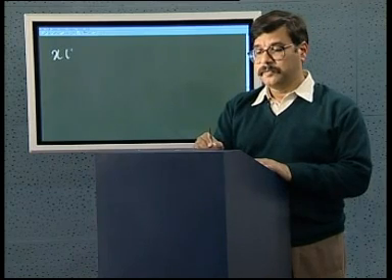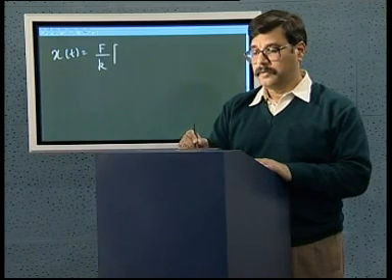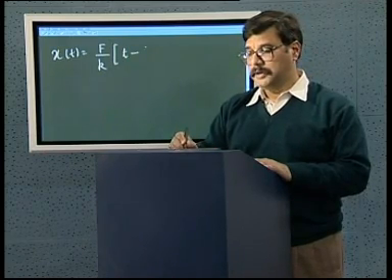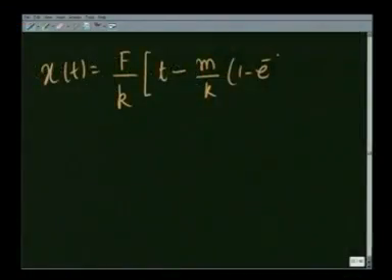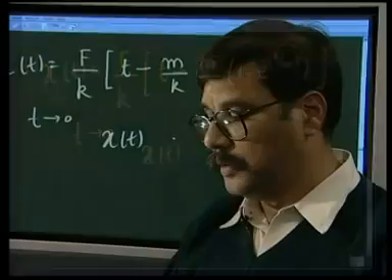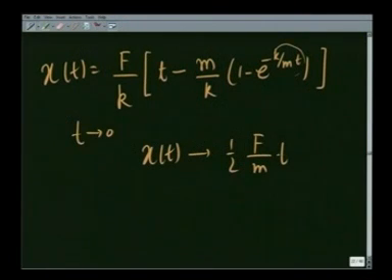So, x t was F over K t minus m over k times 1 minus e raised to minus k over m t, again in the limit of very small t, basically making this term very small, we just saw that x t goes as 1/2 F over m t square. How about large t?